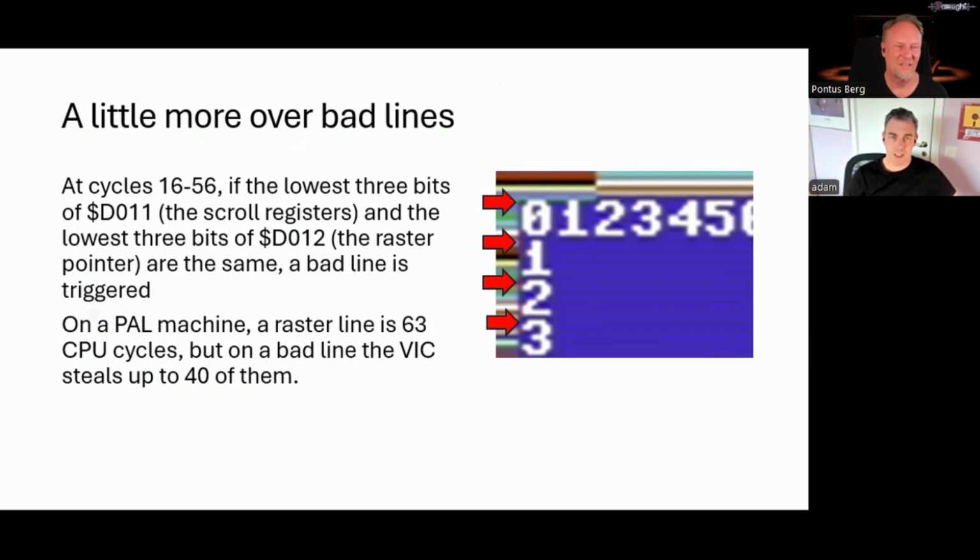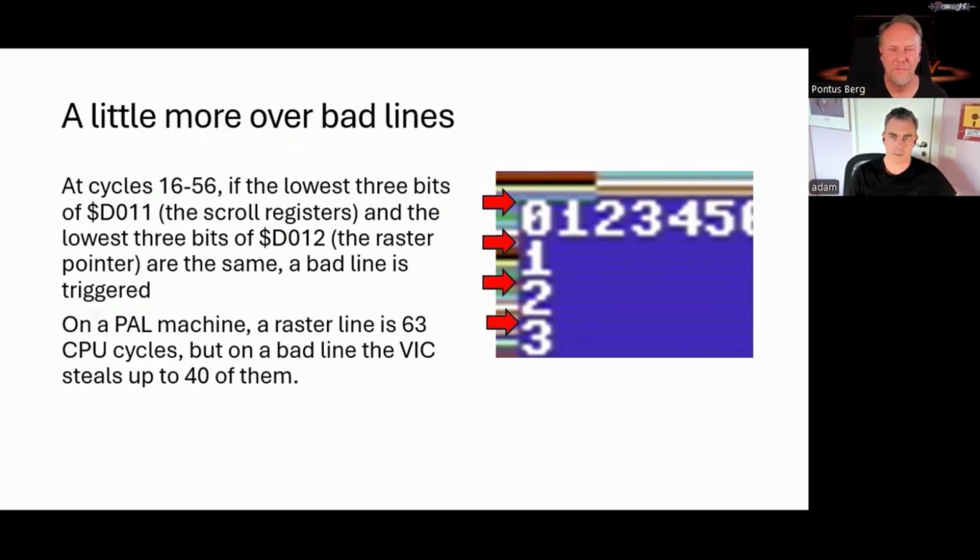Also, when we talk about cycles 16 to 56 here, we count the cycles from the start of the line: 1, 2, 3, 4, 5. So 16 is right about the start of the left border, and 56 is like the end of the border, and around there is where it steals those cycles. I think they're actually shifted a few cycles, like 3 cycles to the left or so, but that's roughly where we're at.